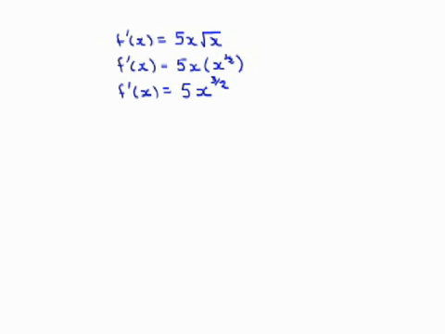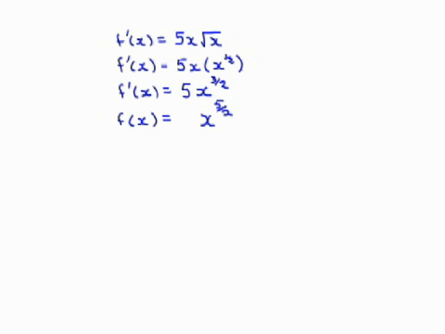Now, I can take my antiderivative. So f of x is going to be equal to, well, my x is going to have an exponent of 5 divided by 2, because I took the 3 divided by 2 and I increased it by 1.